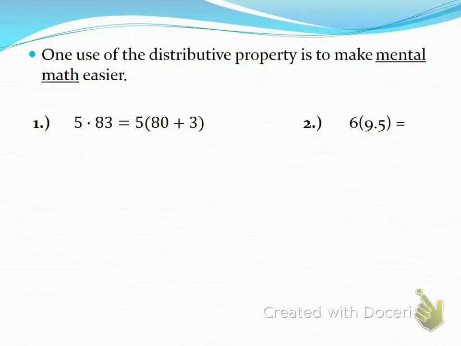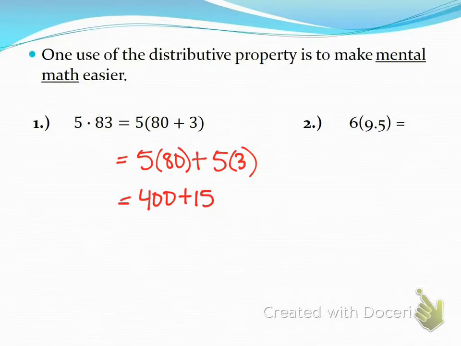What's 5 times 80? Dominic? 400. Good. Plus, what's 5 times 3? 15. So I could have written that step out differently: 5 times 80 plus 5 times 3. 400 plus 15 gives me a total of 415.